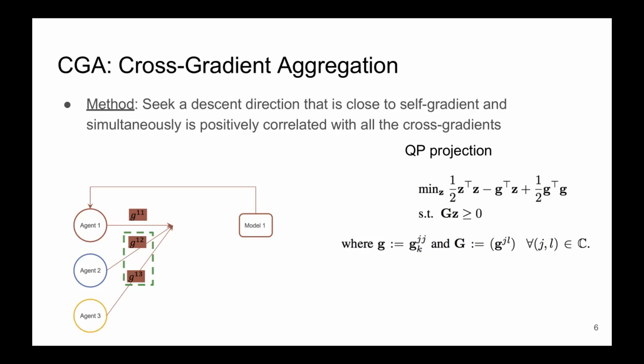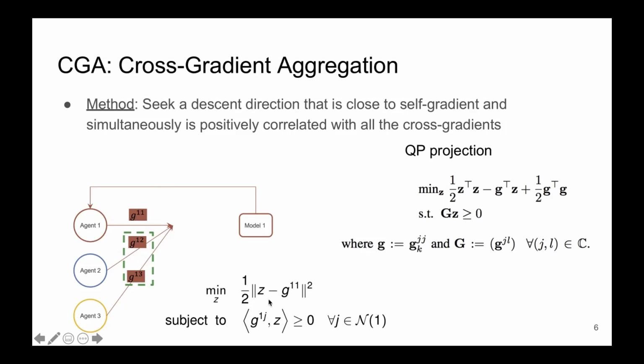So what does this equation mean? In this special case I show here, we try to generate a new gradient for agent one using the cross gradient and self gradient given one.